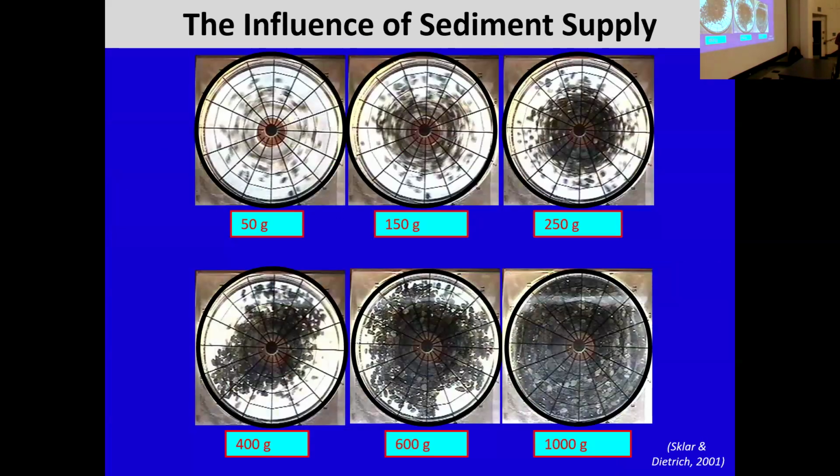So here's the influence of the amount of sediment, the sediment supply. These are pictures taken from underneath a glass-bottomed version of one of those abrasion mills. As the mass of gravel goes from 50 grams to 1,000 grams, we cross through this range of degrees of sediment ability to cover the bed and inhibit incision.